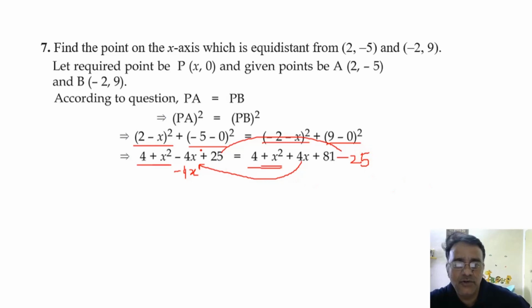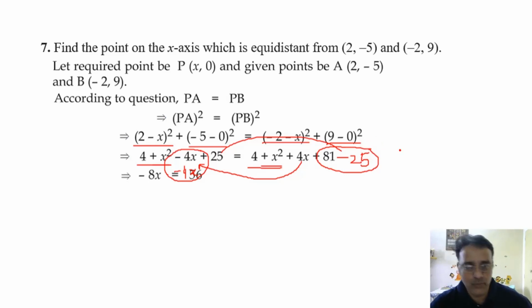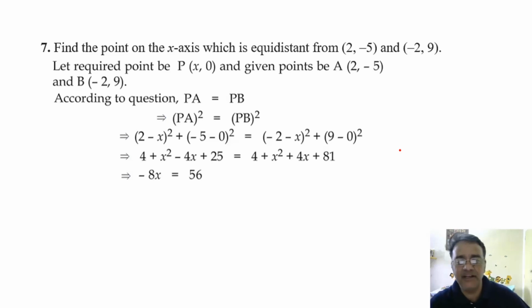Okay, so left side बचेगा केवल 8x minus 8x and right side we will get 56. This one we will get. Any doubt here? No, sir. So x is equals to -7.